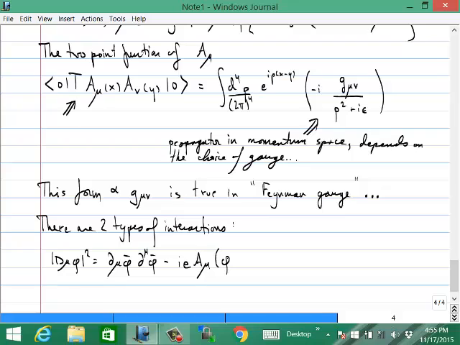And this describes a coupling term that's linear in A and quadratic in phi. And indeed, you can recognize this term here as the conserved Noether current associated with the charge rotation of the field phi.